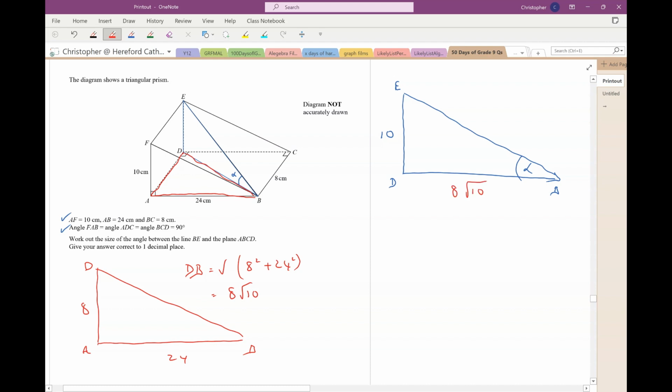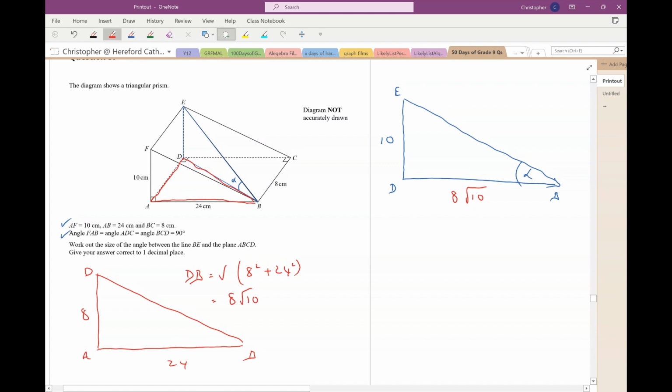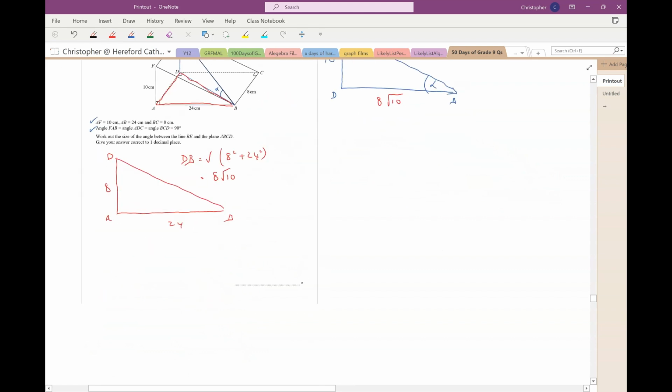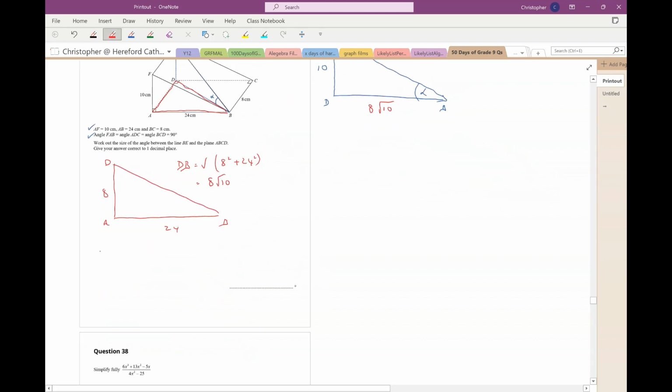And now I'm in a position to find alpha. I can use 10. So, if my screen wakes up a minute, I'm going to say tan alpha is the opposite, 10, over the adjacent, 8 root 10.